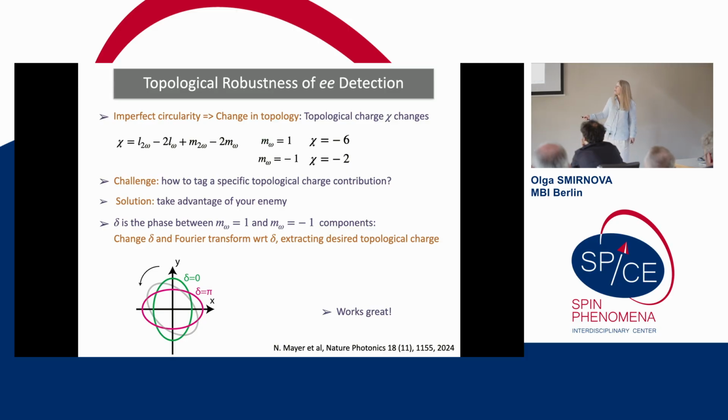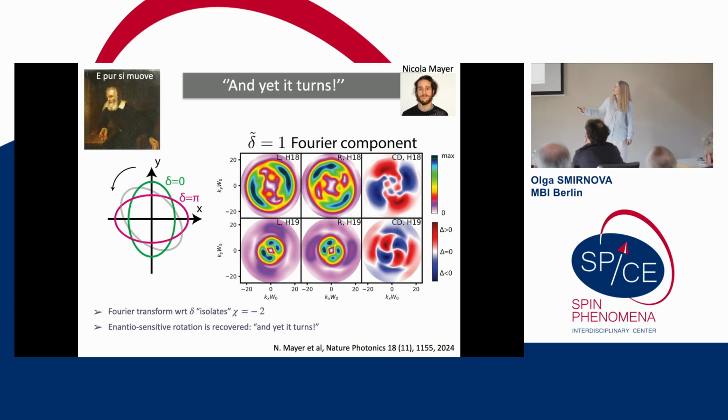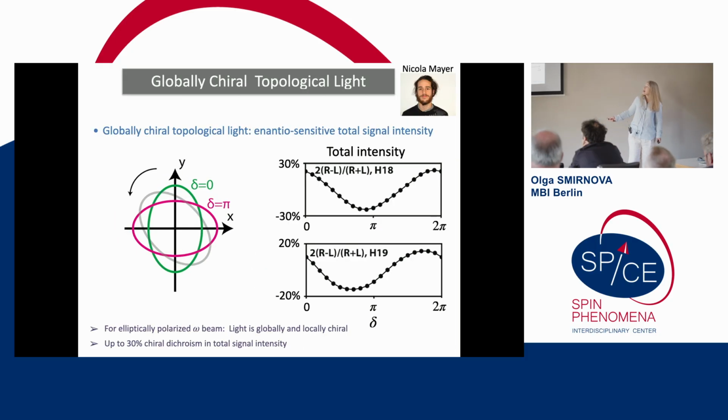If you do your measurement as a function of this phase, which corresponds simply to the rotation of the polarization ellipse, and then do a Fourier transform with respect to this phase and extract a specific harmonic, which in our case was harmonic 1, you can recover the topological charge -2, and it again rotates. You are welcome to ask me more questions about it, because I didn't really explain why this happens, but I can answer it very happily.